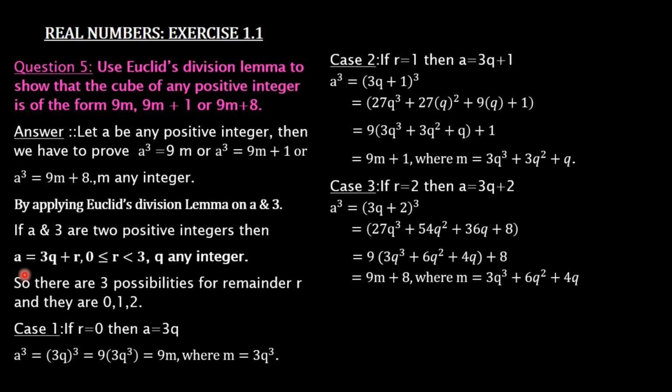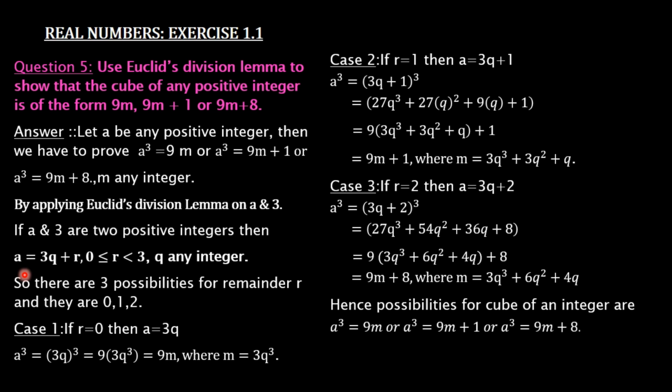Okay? Hence, we got the three possibilities for the cube of an integer a: a cube equal to 9m, a cube equal to 9m plus 1, or a cube equal to 9m plus 8. Hence we prove the result here.